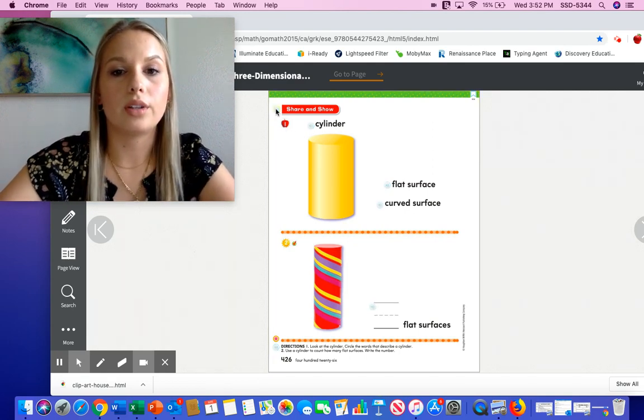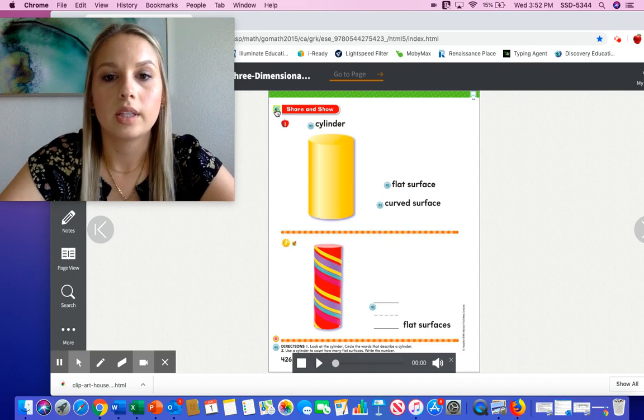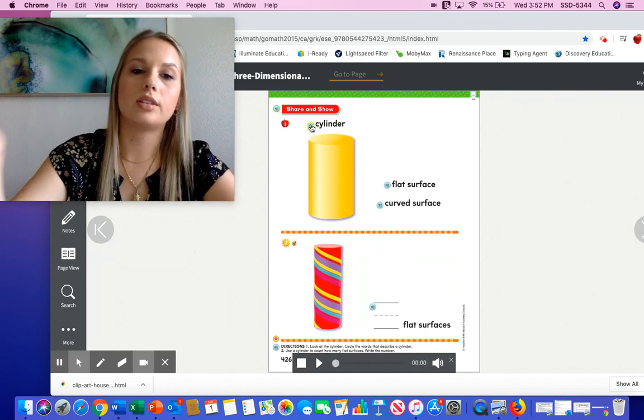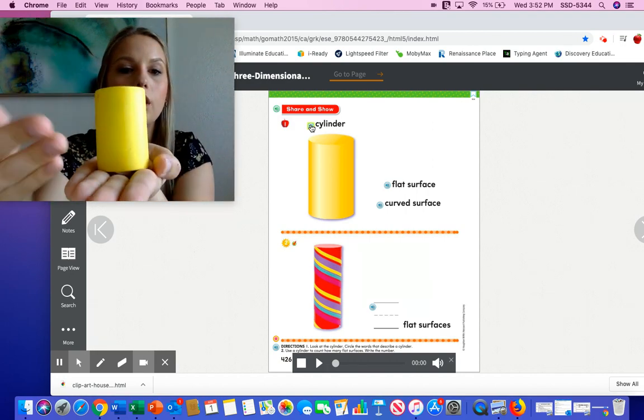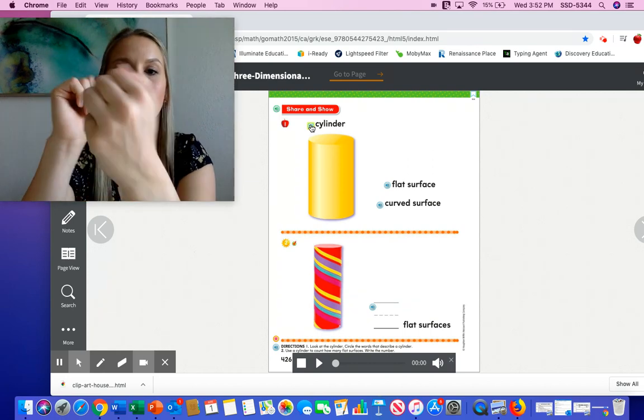Over here, we're going to share and show. This object, or this 3D shape, is a cylinder. We know it's a 3D shape because we can measure how tall, long, and wide it is, and it's solid or real life. We can touch it.